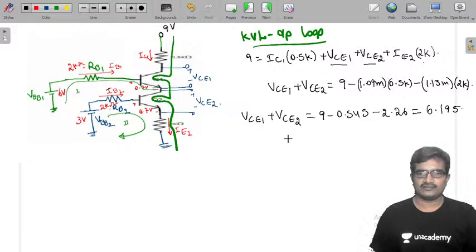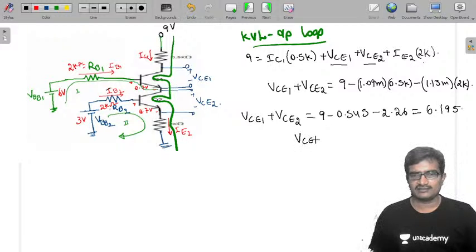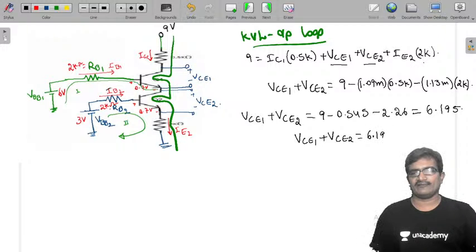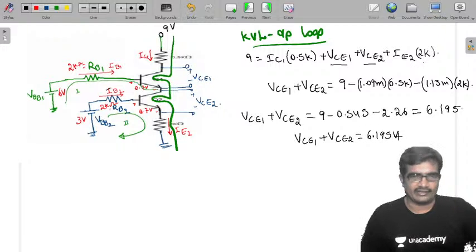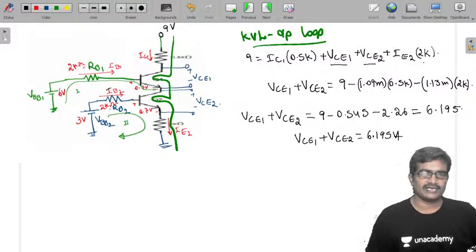So far we know VCE1 plus VCE2 equals 6.195 volts. Okay, now we need to get another relation.